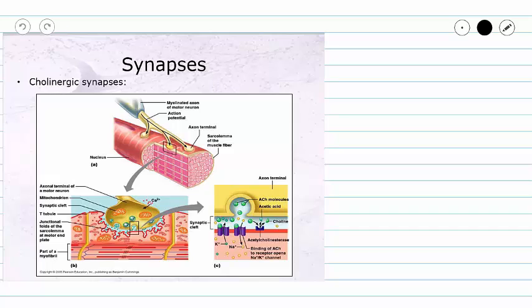Not only can we classify our synapses by where they occur, we can classify them by the neurotransmitter used. I use the abbreviation NT for neurotransmitter. Here in our picture, we have a cholinergic synapse.